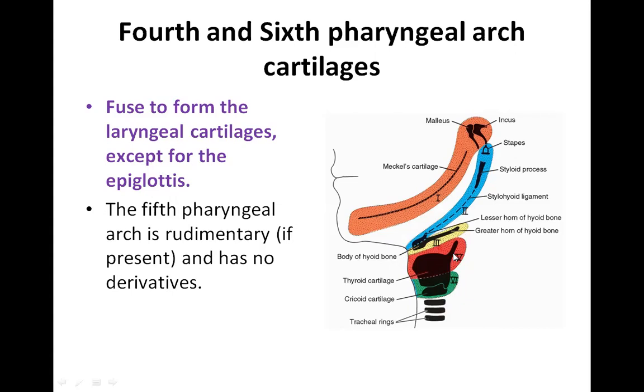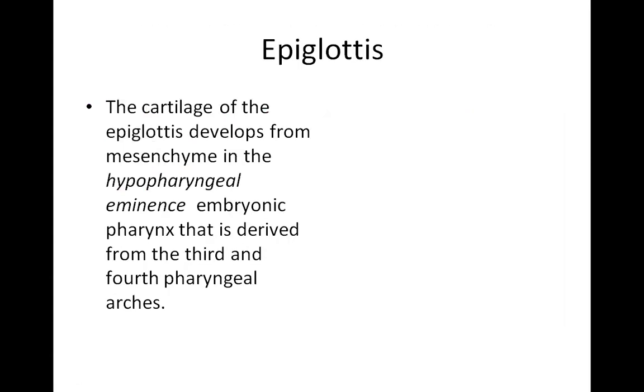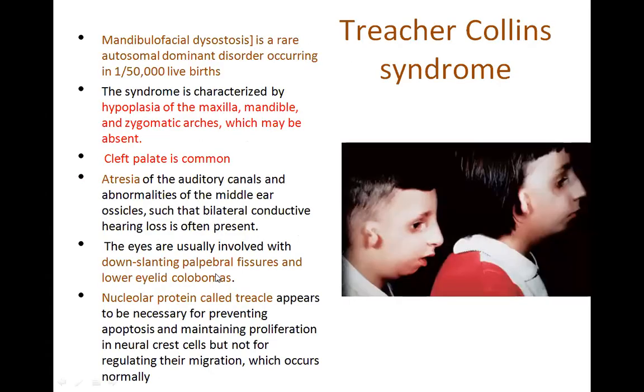So the epiglottis will develop from the mesenchyme of the hypobranchial eminence in the embryonic pharynx, and it is derived from the third and the fourth pharyngeal arches.